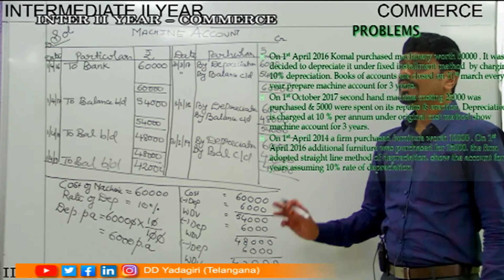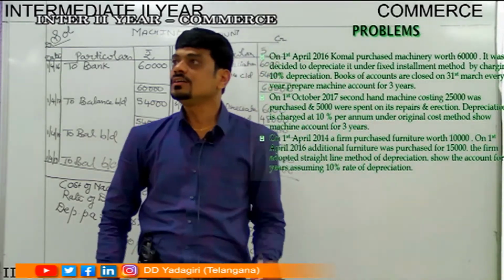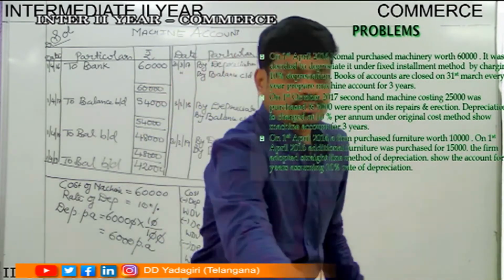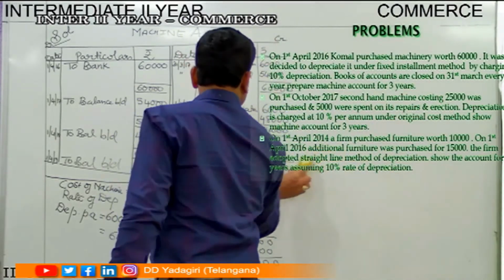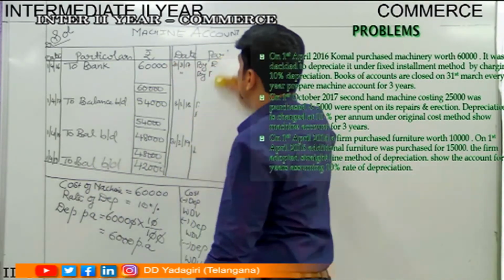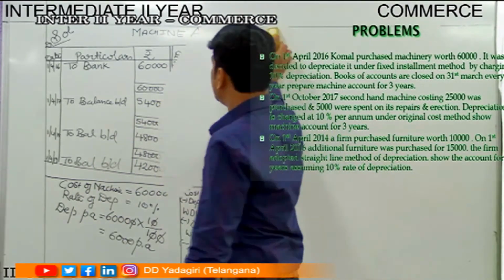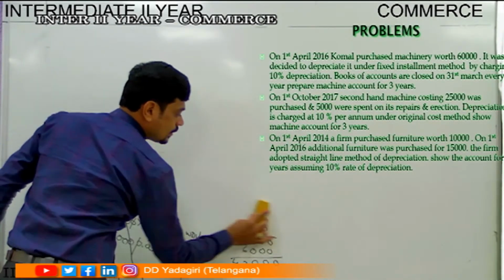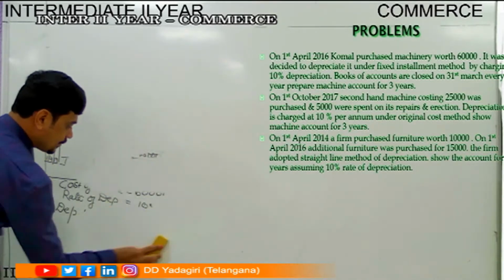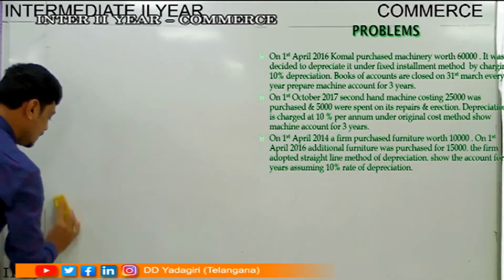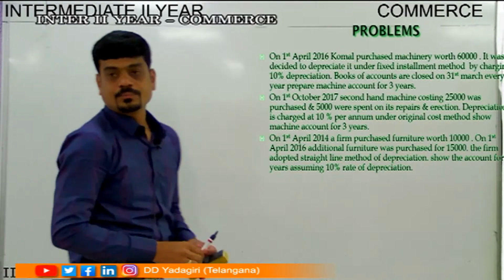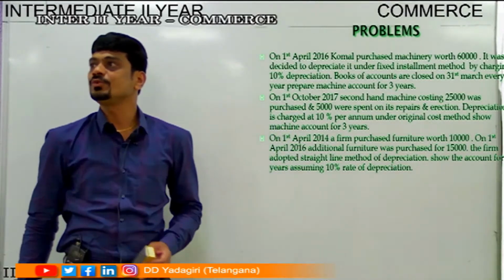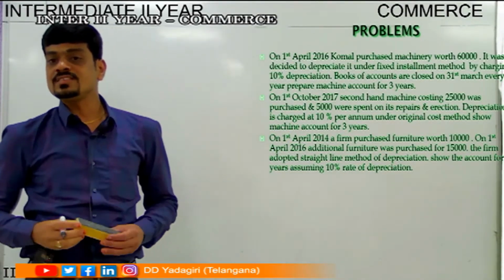Now, let us see the second question. What is the second question given? In the second question, they gave you the machine, but they gave you a different date. That we are going to consider and solve the problem. If you see, when did we purchase the machine?